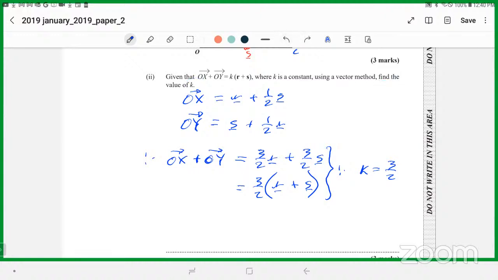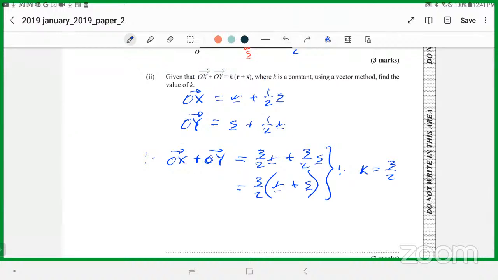We say, no problem. All I'm going to do is work out what OX plus OY is by myself, and compare it with what they have, and then I see what the K is. So I work out what the OX is, then I work out what the OY is, and I proceed to add them because I'm trying to form this.